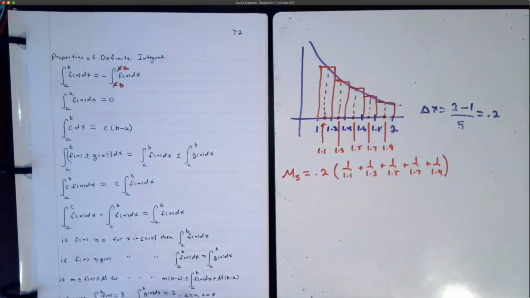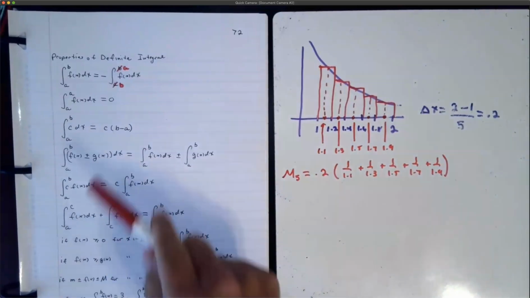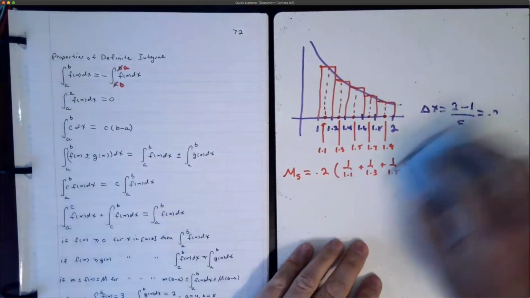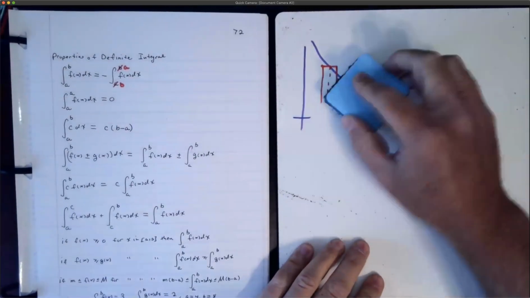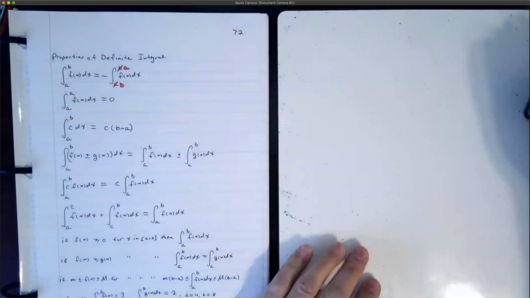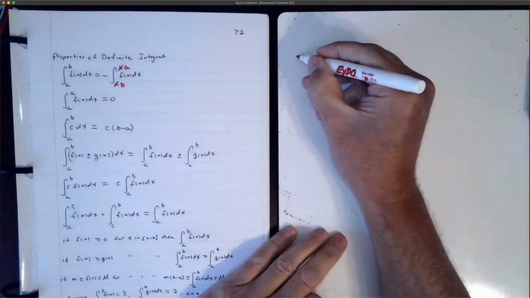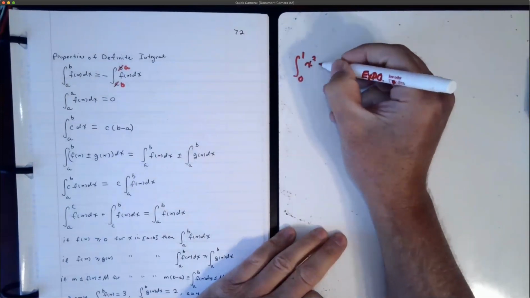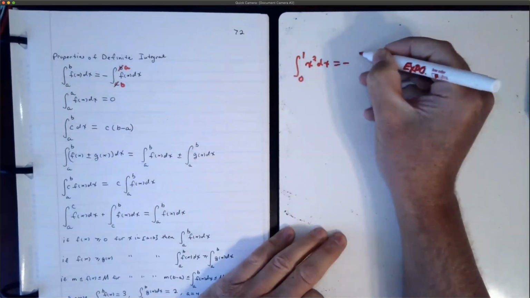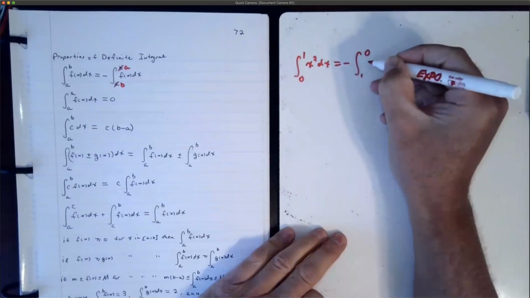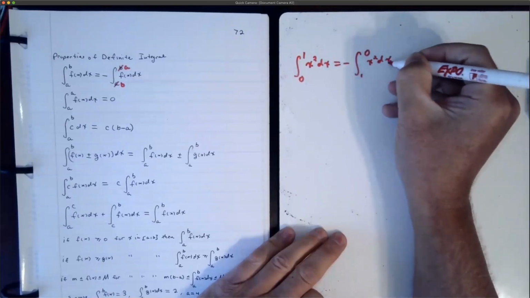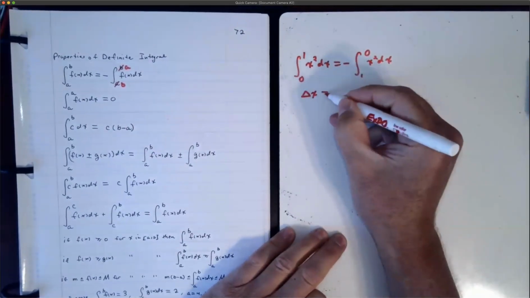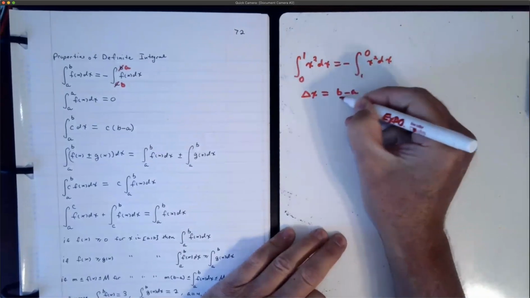So what's happening there is we just reverse the integral limits. You might wonder, why does that introduce a negative sign, right? So what we're saying is something like the integral from 0 to 1 of x squared dx is negative the integral from 1 to 0 of x squared dx. The reason is when you compute, delta x is b minus a over n.